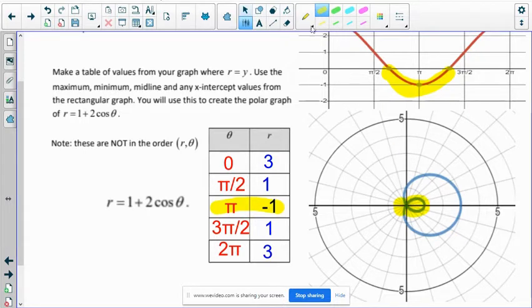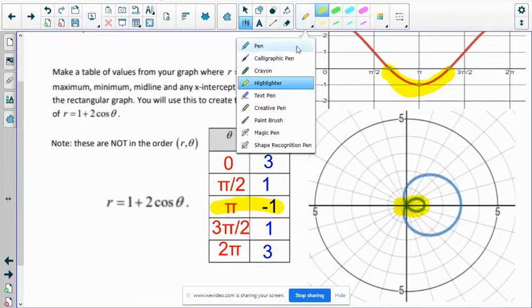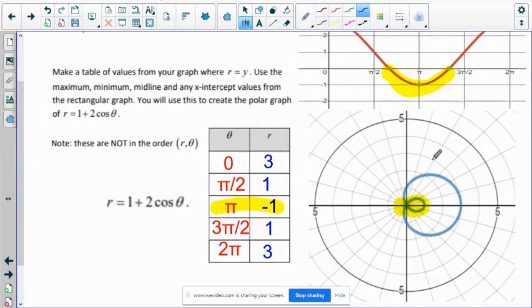The order it's going to graph is to start over here, come up to pi halves, still be positive for a little bit, and then loop this way and down this way, and then continue around to 0.